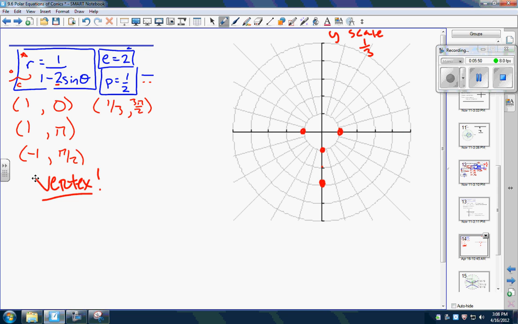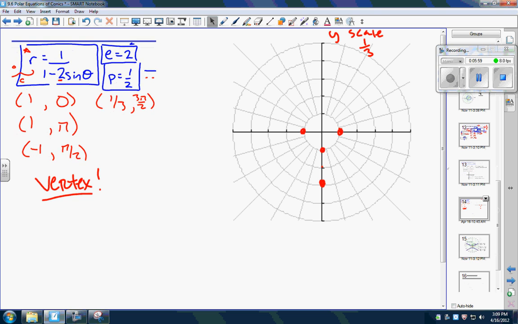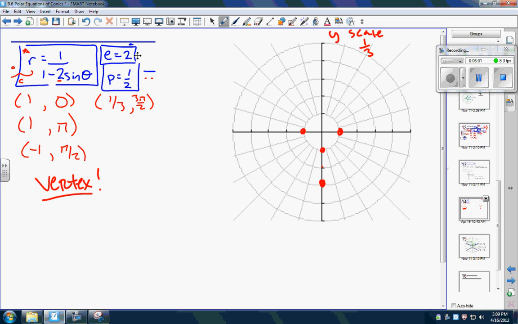Okay, these are all vertices then. We said this guy was a hyperbola because E equals 2. And we said this P equals 1/2 is our directrix. Okay, it is a minus sine, so that's going to put our directrix back here at -1/2.